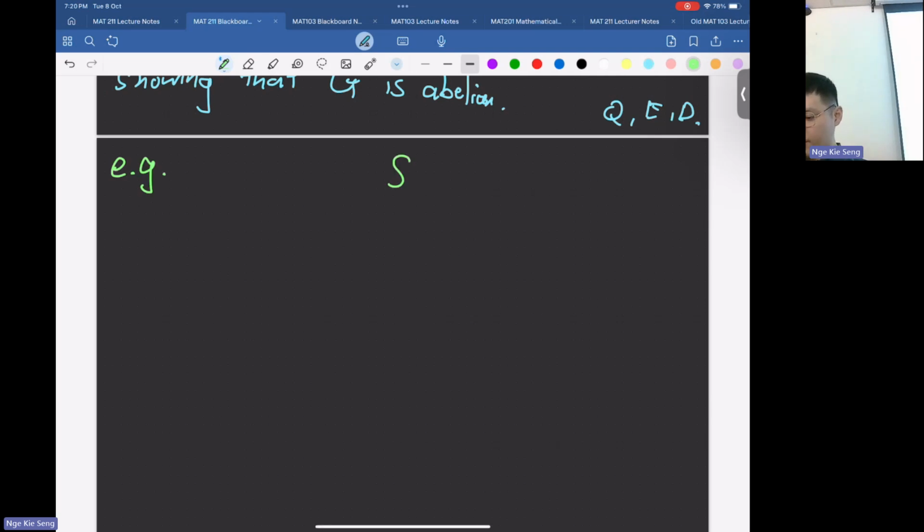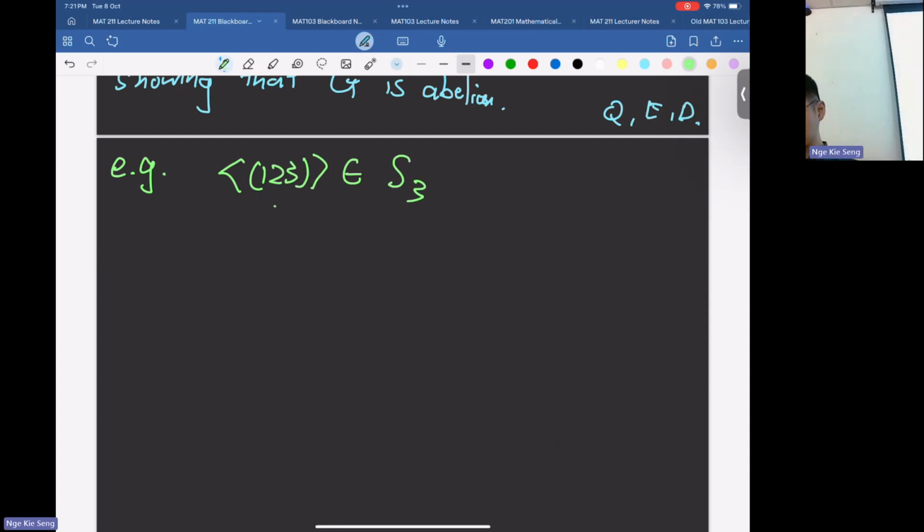Let's look at S4. How about you try S3 and then look at this subgroup here, the group generated by (1 2 3). See whether it's abelian inside or not.